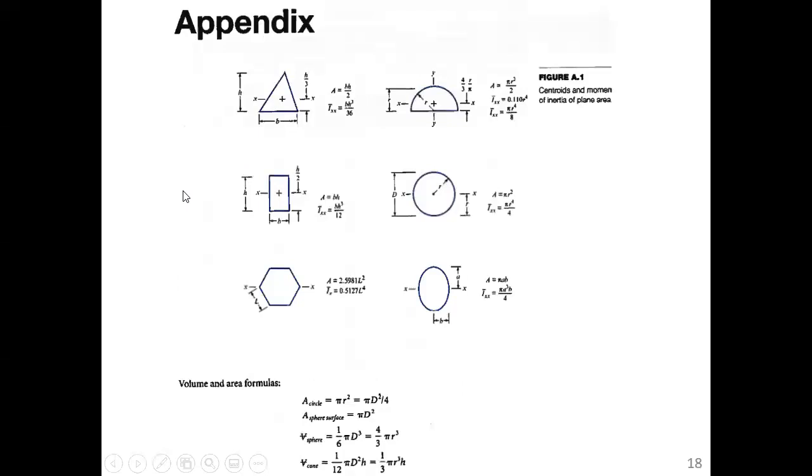So in the back of your book, and I know this is really fine print, but again, this is in your book. It's in the first page of the appendix. They give you moments of inertia. And you have to pay attention about which axis they're talking about. So for example, for a triangle, for this rectangle, notice how they define the base, B, and the height, and the axis.